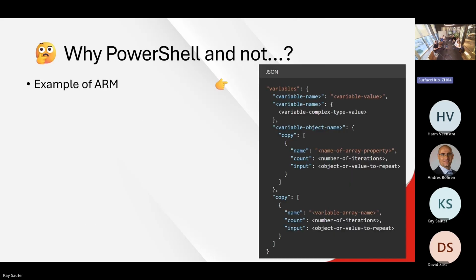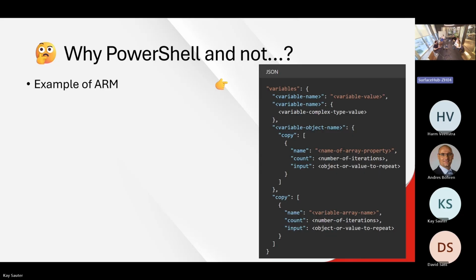So as I mentioned before, on the next slide, this is how it looks like. It's actually a really huge JSON file. In the early 2010s, we had only the possibility to deploy things with JSON like this.